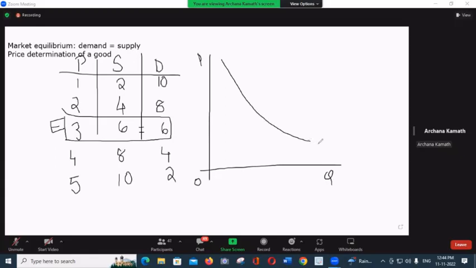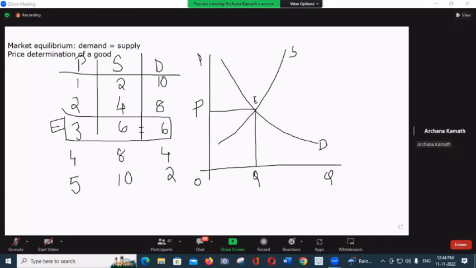You have the downward sloping demand curve and the upward sloping supply curve, and at the point where they intersect, the equilibrium price and equilibrium quantity are decided. That point where demand is equal to supply is known as the equilibrium point.